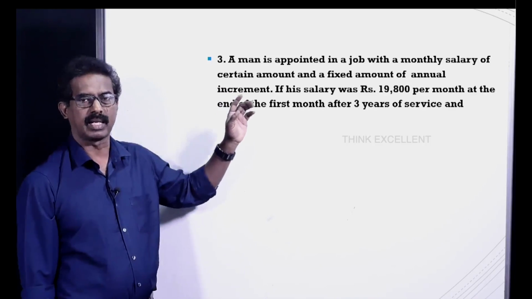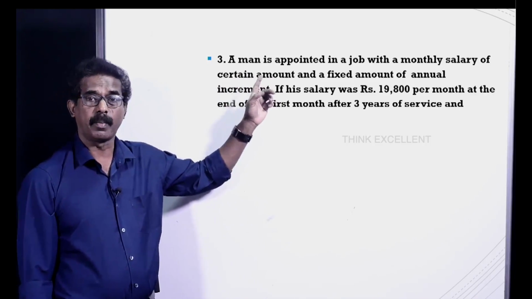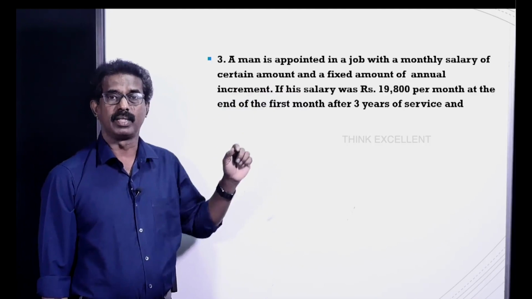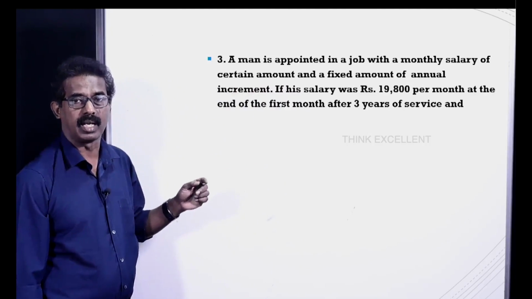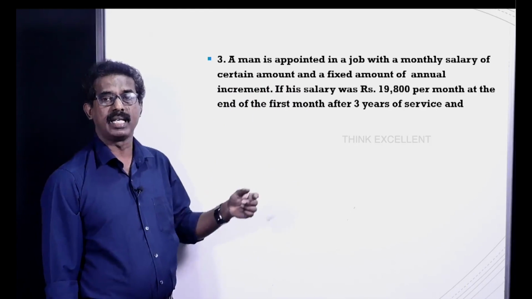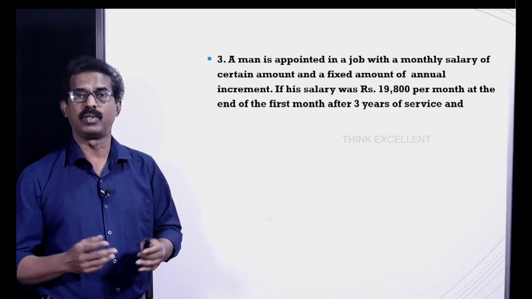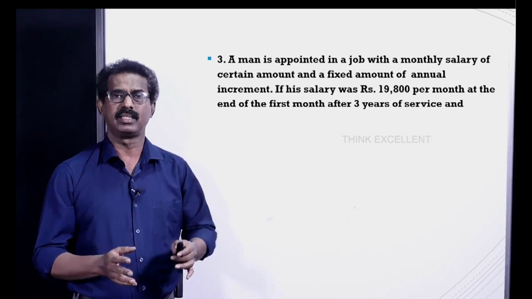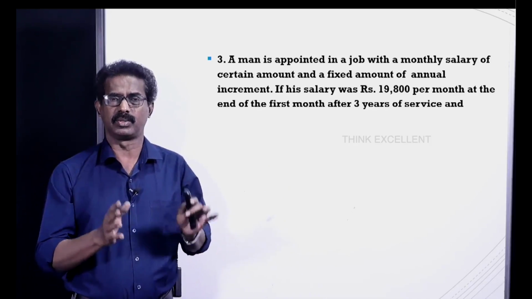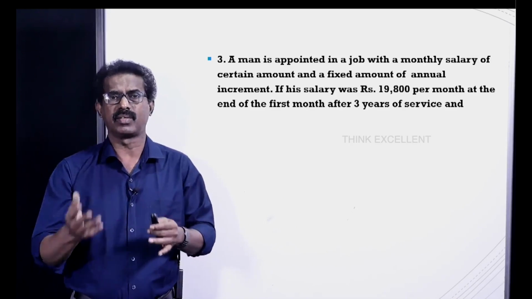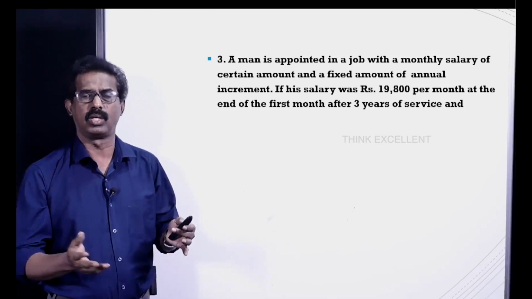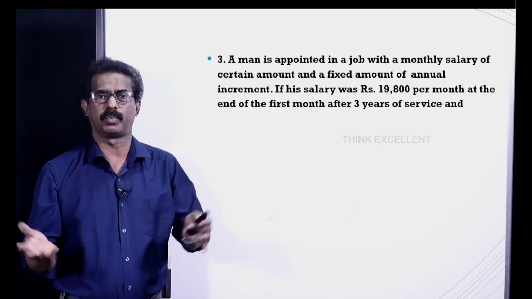Okay. So listen carefully. A man is appointed in a job with a monthly salary of a certain amount and a fixed annual increment. For example, salary is 10,000. Every year they are giving an increment, for example, 1,000 rupees. So after 1 year completed, what will be his salary?